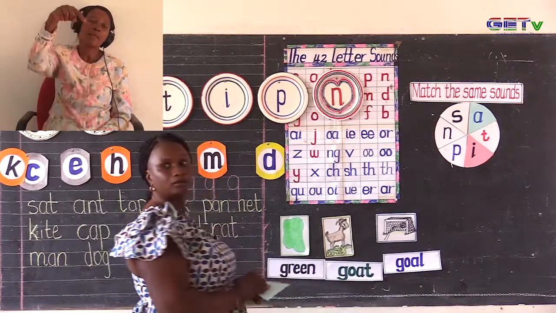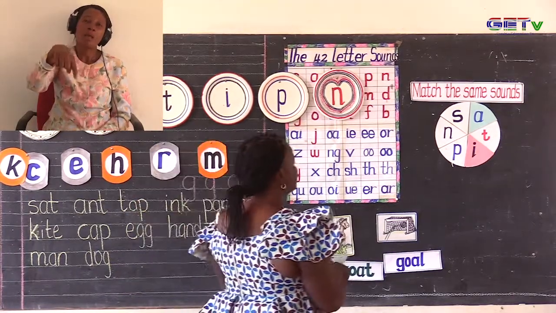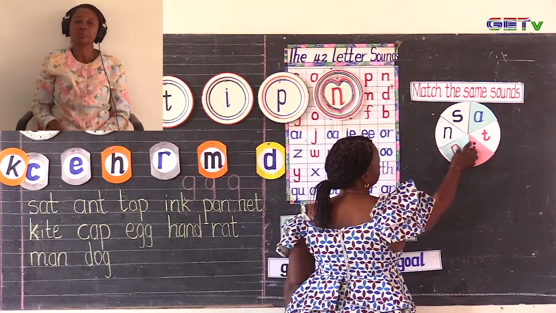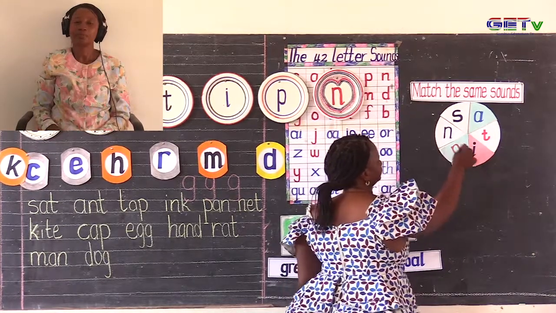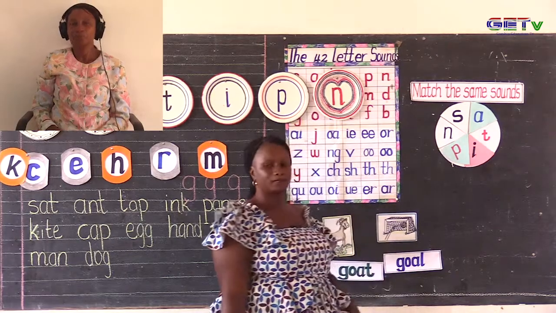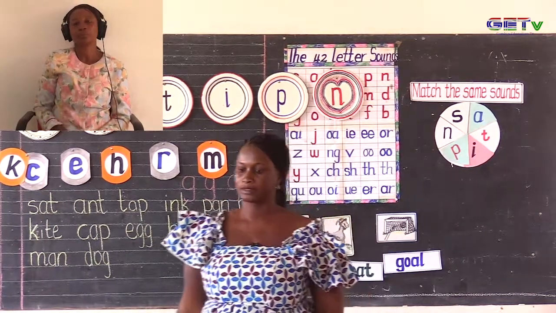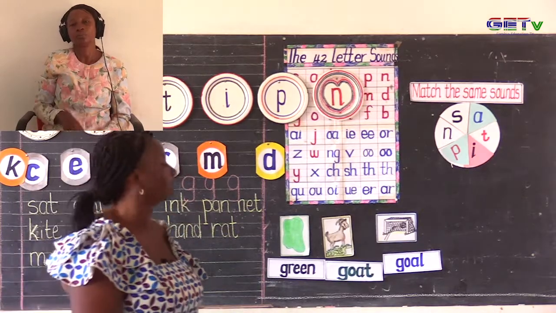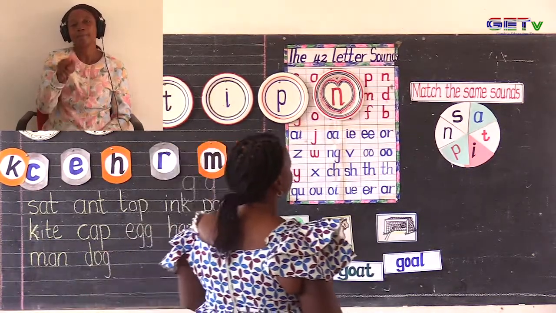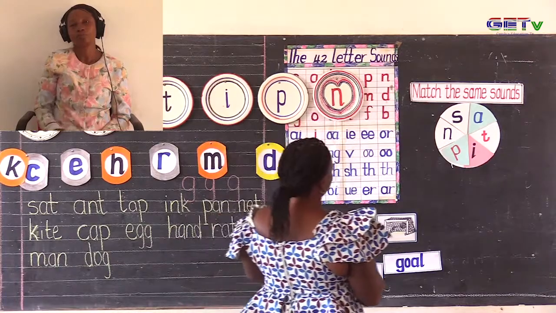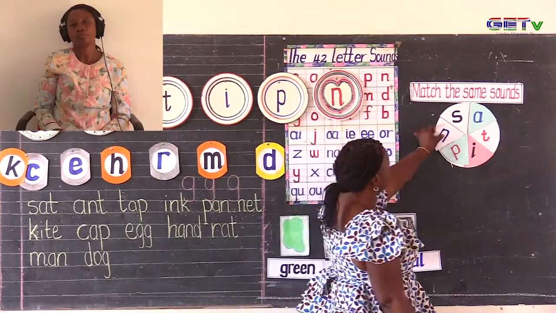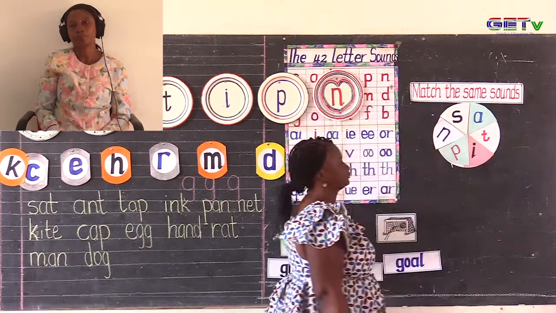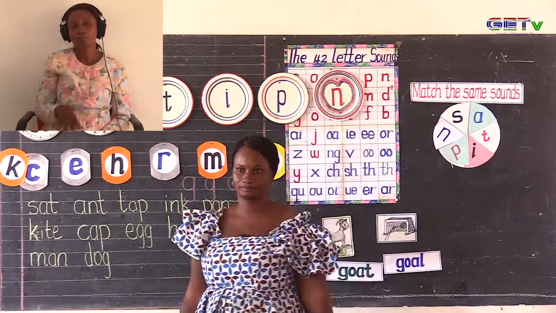P. We are going to place it here. And then the last sound, in book 1, it's going to be N. So we're going to place it here. Have you seen that?